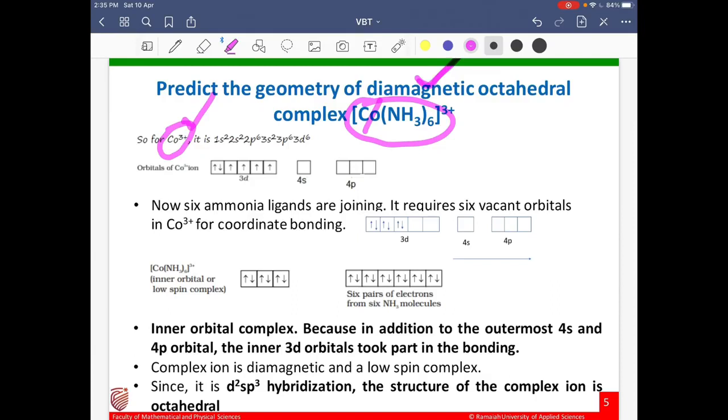Here the central metal ion is cobalt 3+, and we know that cobalt has an atomic number of 27, where it follows an electronic configuration of 1s2, 2s2, 2p6, 3s2, 3p6, 4s2, 3d7.